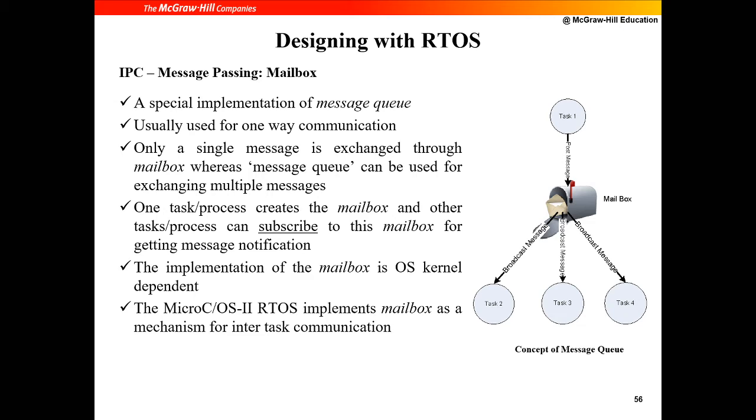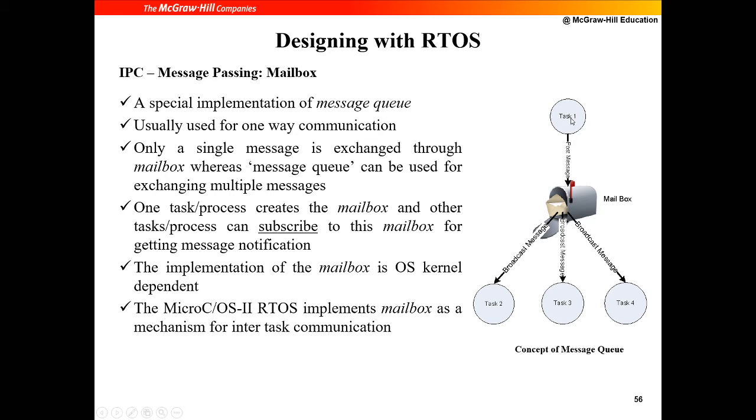And then we have mailbox. Mailbox is, as the illustration suggests, again a buffer. You post all these messages to that mailbox. Now individual tasks or processes can subscribe to these mailboxes. You can have different mailboxes.